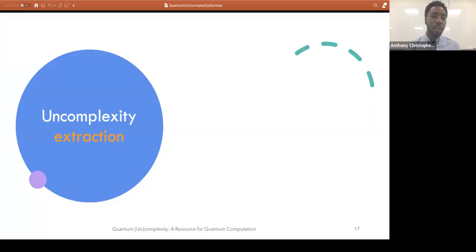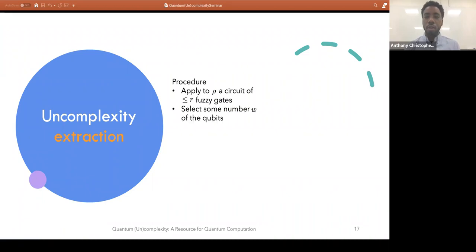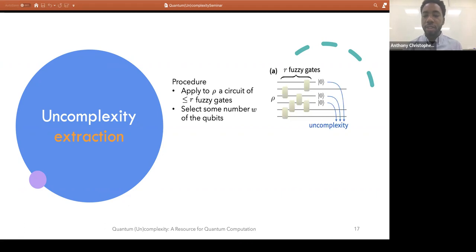So let's begin with uncomplexity extraction. Let's discuss the procedure and then we will talk about the task. The procedure is relatively simple. As I said before, we start off with some state, we apply some allowed operation, and we want to extract the resource in question.